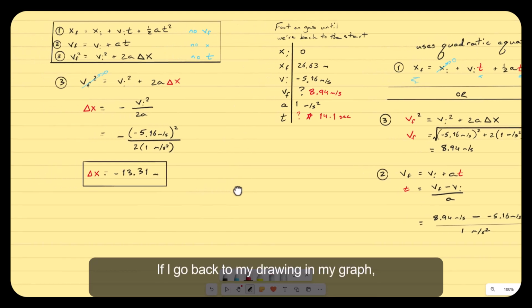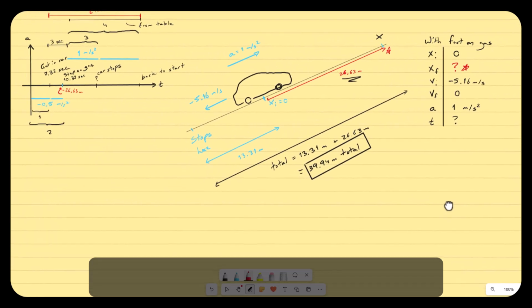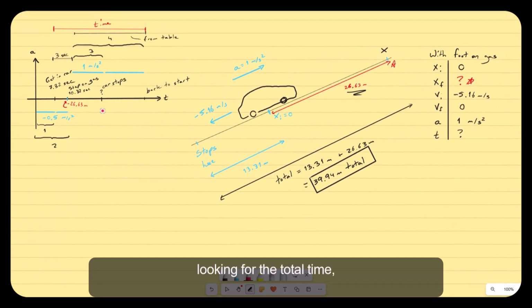If I go back to my drawing and my graph, there we go. I said I'm looking for the total time. The time from my table works out to be 14.1 seconds. I've got 3 seconds to add to that, so my t total is going to be 14.1 seconds plus my 3 seconds.